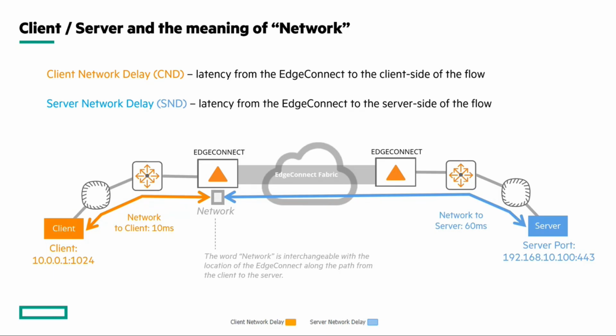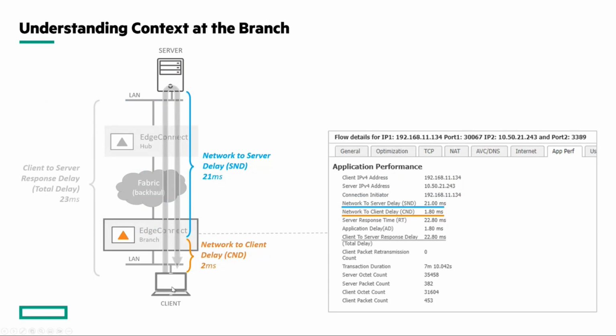being very useful. So imagine I have a client at the bottom, and he's going to open a connection across his local EdgeConnect, across the fabric, through another EdgeConnect, maybe a hub on the other end, out the hub's LAN side to a server, and the server is going to respond back again. On the bottom EdgeConnect, on the branch EdgeConnect, the CND, or the network to client delay, is tiny.